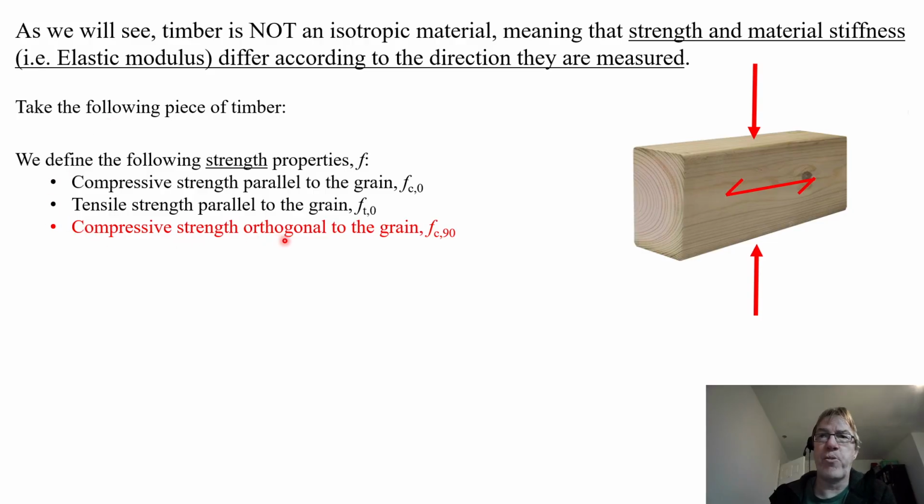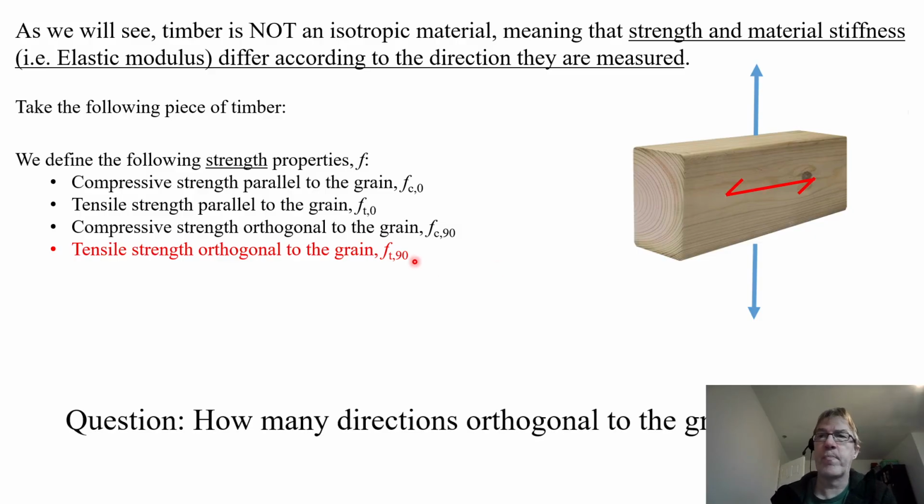Then compressive strength orthogonal to the grain, or perpendicular to the grain, fc,90. 90 is just the direction to that grain, and it's obviously in compression. We've got the tensile equivalent perpendicular to the grain. Question, ask yourself this: how many different directions orthogonal to the grain are there?